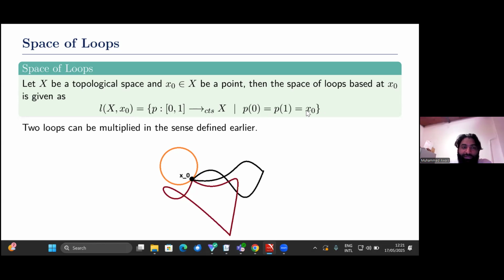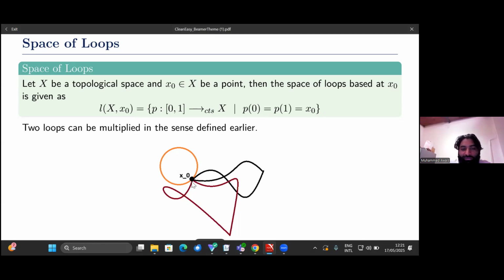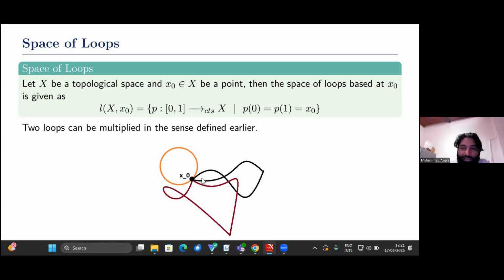So this space is called the loop space based at x naught. One can see in the picture I have an x naught and I drew some loops, all possible loops in my space if I have fixed some x naught. This space is called the loop space based at x naught. Good.